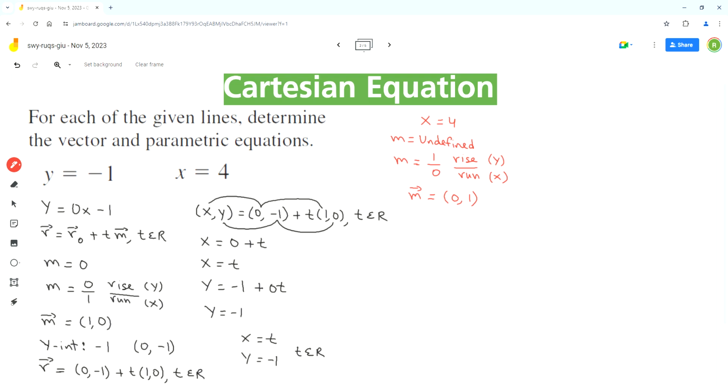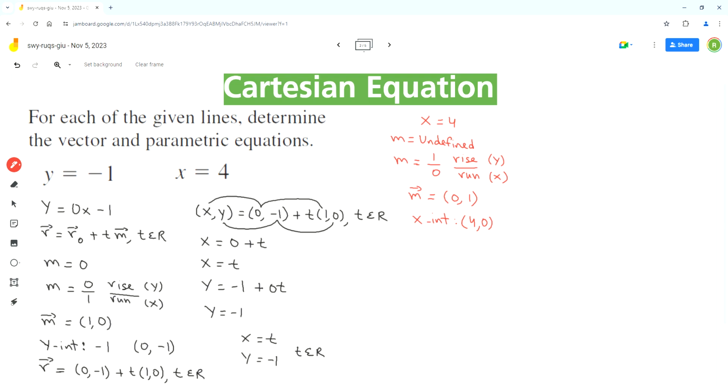So this line passes through 4 on the x-axis. So the x-intercept of this line is 4, 0. So this is a point that lies on this vertical line.